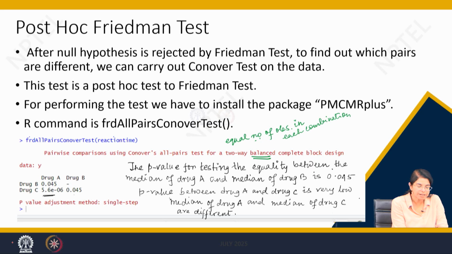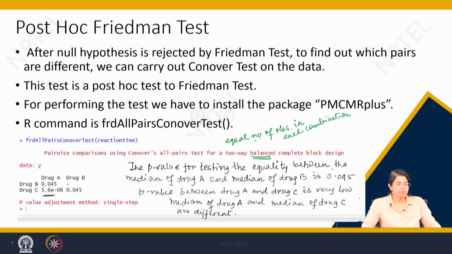So, there is no difference between the median of drug A and the median of drug B. Then drug A, drug C, look at the p-value, which is extremely low, 5.6 times 10 to the power minus 6. So, you can claim that the median of drug A is completely different from the median of drug C. Also, check drug C and drug B, the p-value comes as 0.045.